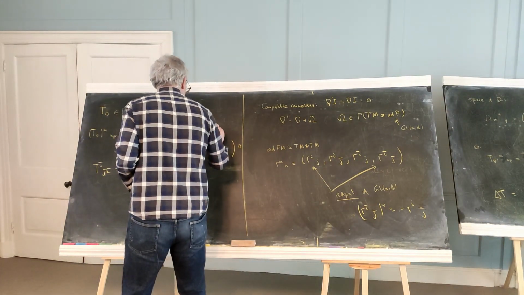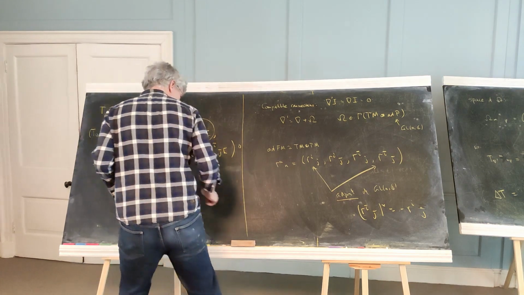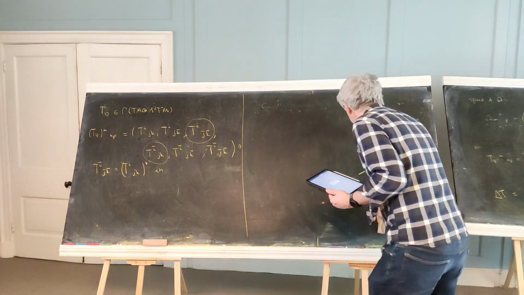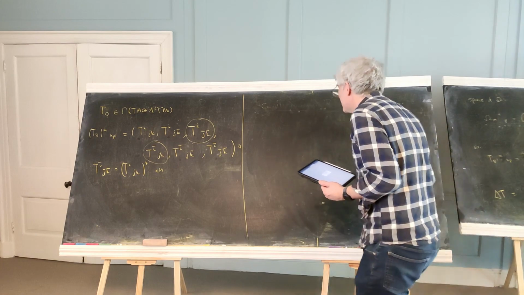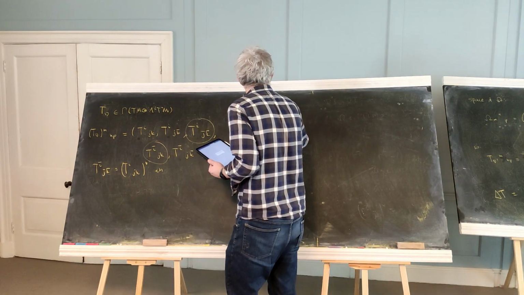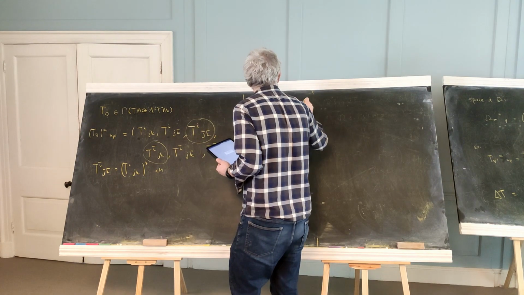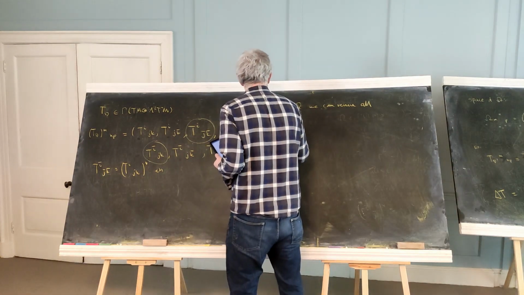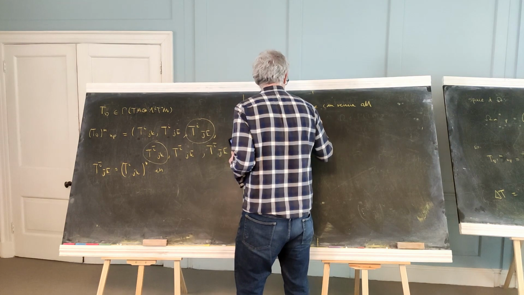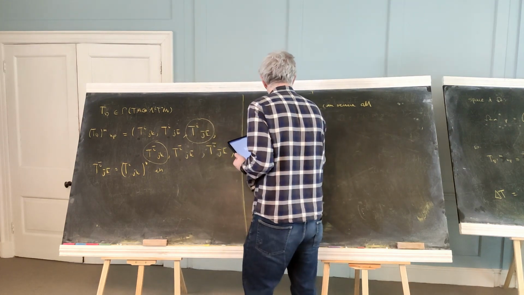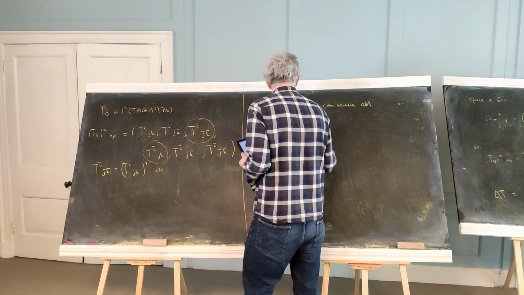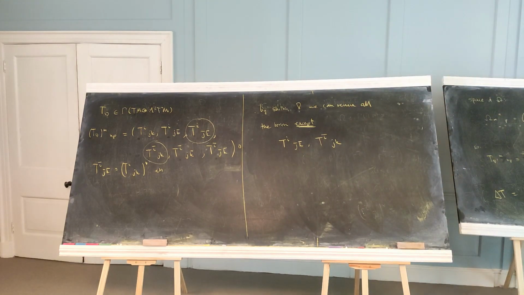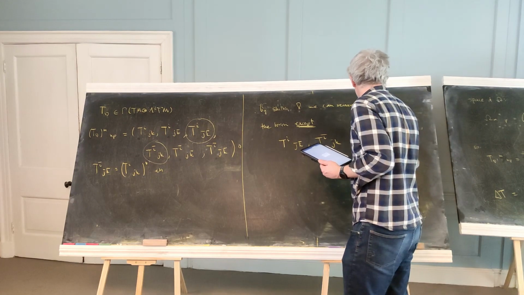So by shifting nabla, we can remove all the torsion except the components T, I, J bar, K bar, and T, I bar, J, K. And these bits are what we call the intrinsic torsion.